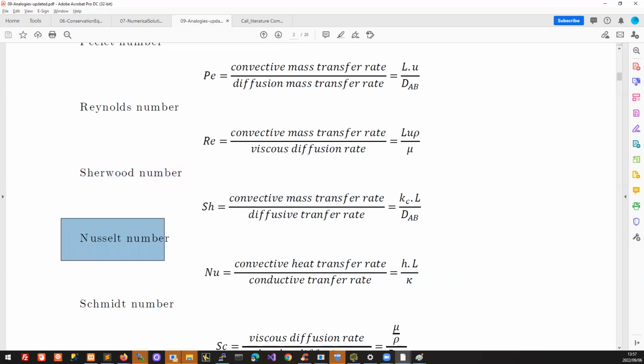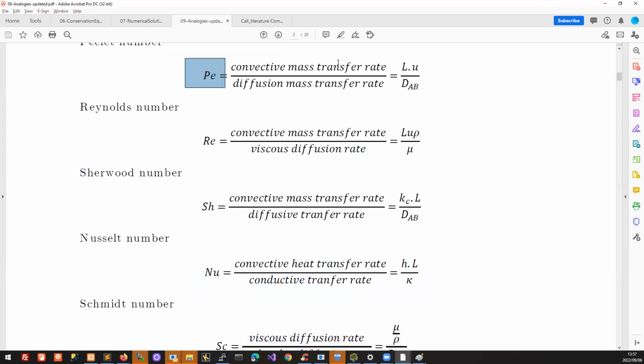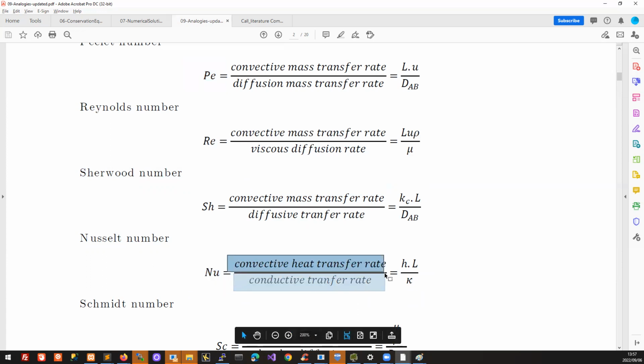A Nusselt number, this relates to the convective heat transfer and the conductive heat transfer. So I would say the Nusselt number is similar to the Peclet number, right? The Peclet number, that was the competition between convection and diffusion in the mass sense. The Nusselt number is the competition between convective heat transfer and conductive heat transfer. So it's like the energy analog to the Peclet number.